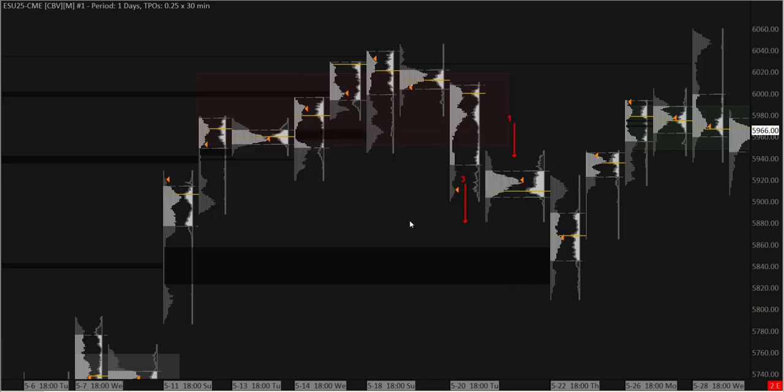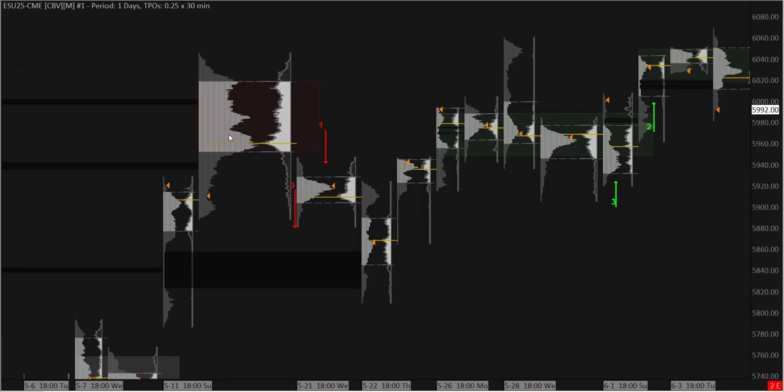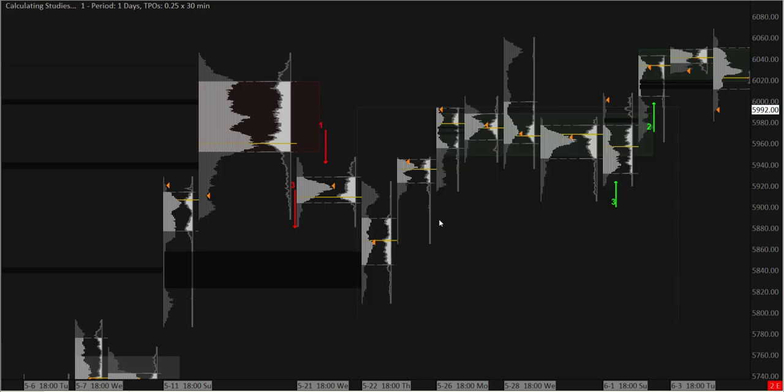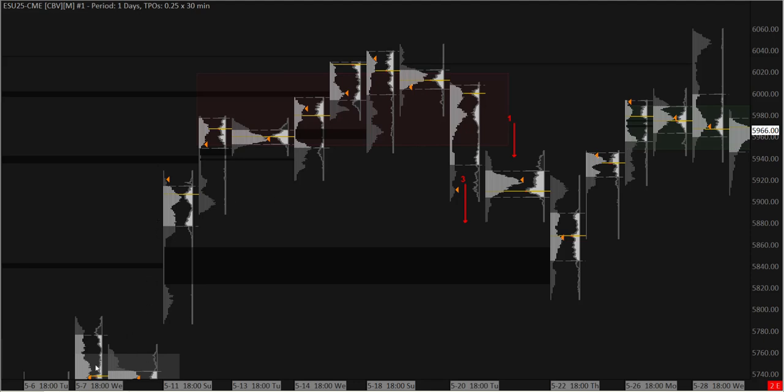So for this period it looks like this, and the cumulative value area is that. So here we had some value, we broke to the upside, and here we traded higher, nothing really interesting happened, and then we had this close below value.